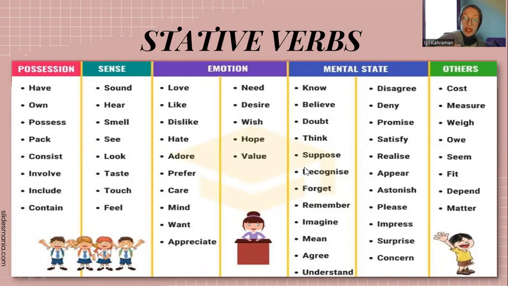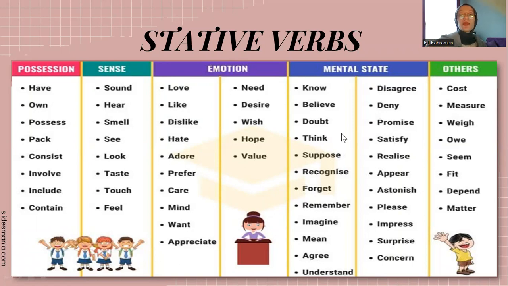verbs that can be used as both stative and action verbs, which is think. She thinks that he has no value for her. When we say she thinks, this is the stative form.